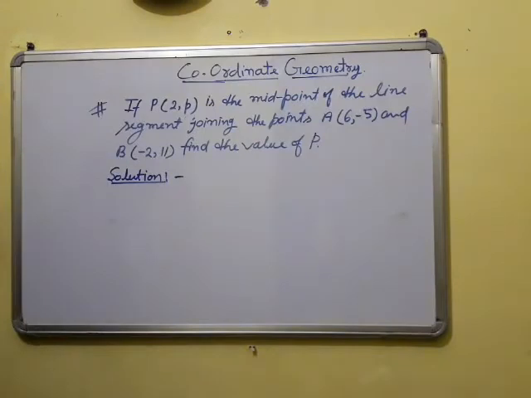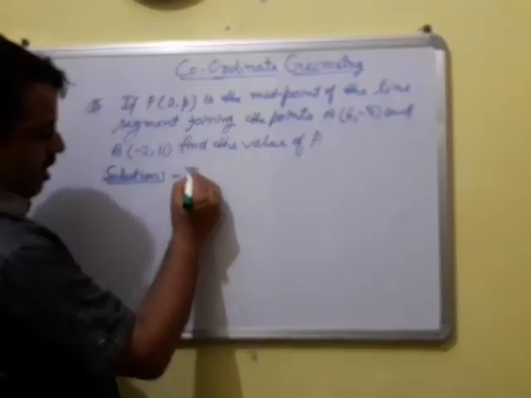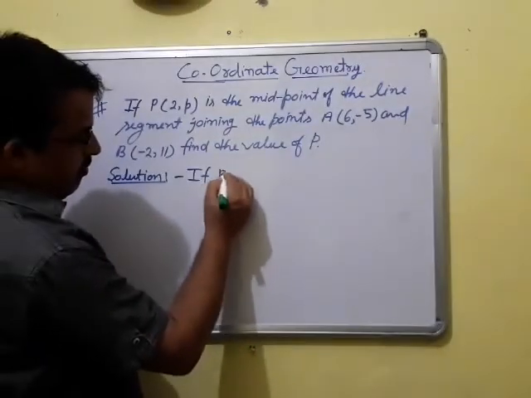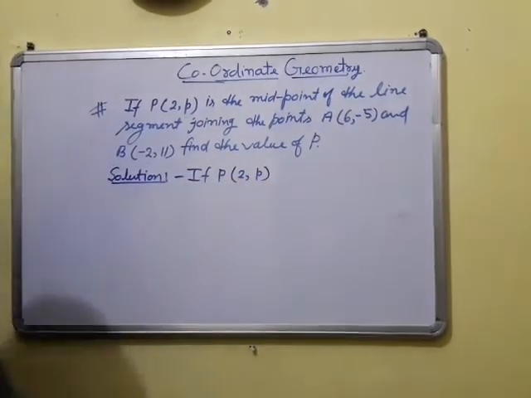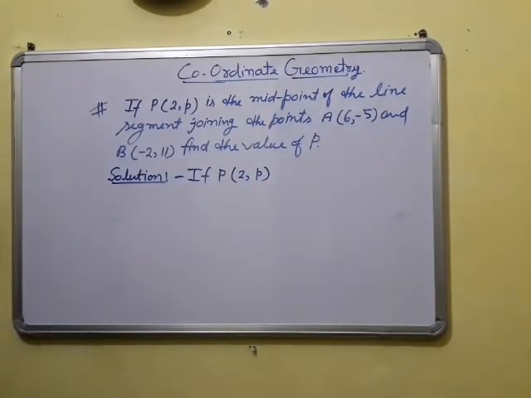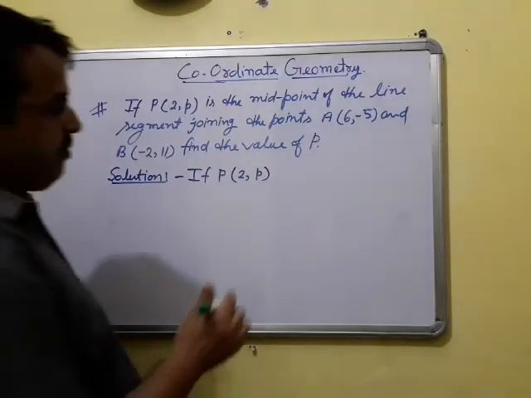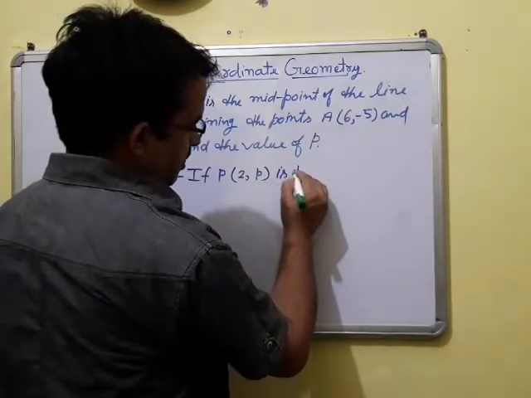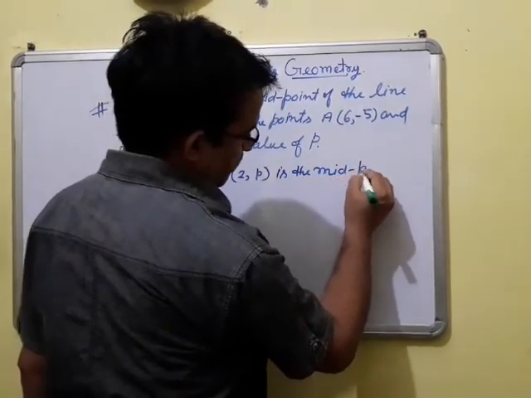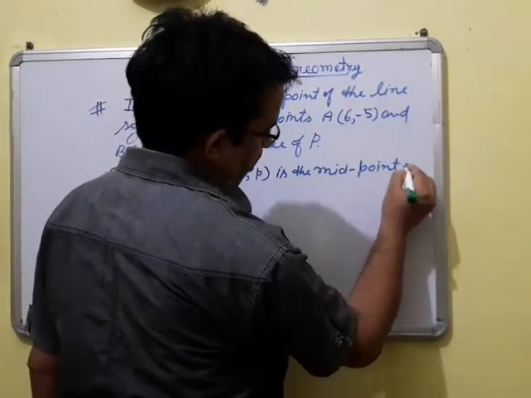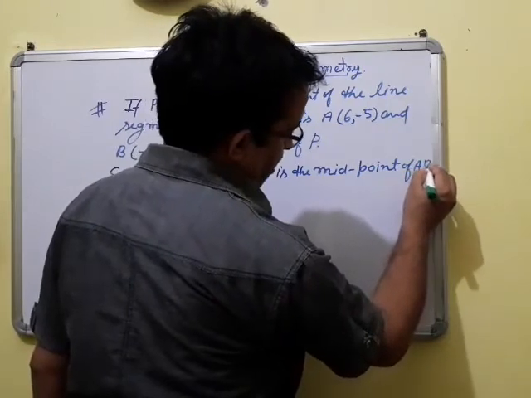The solution is: if (2, P) is the midpoint of AB.